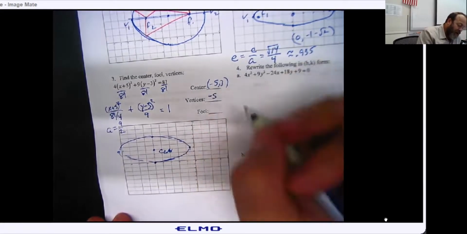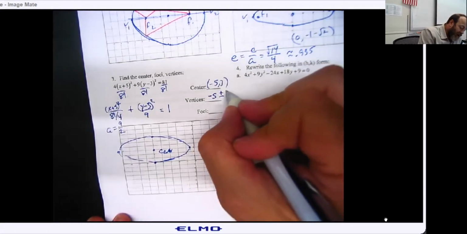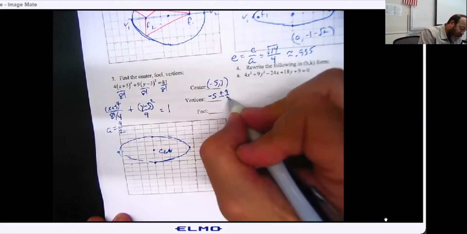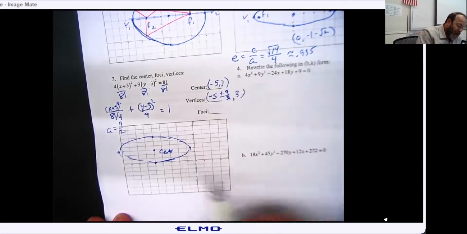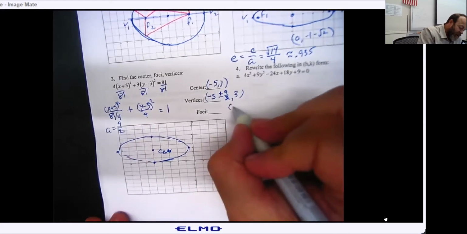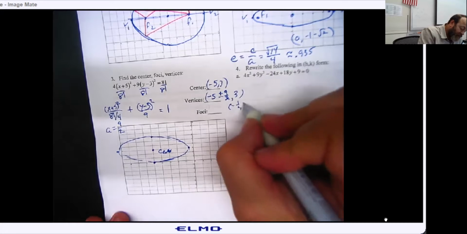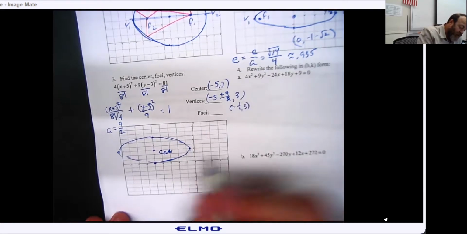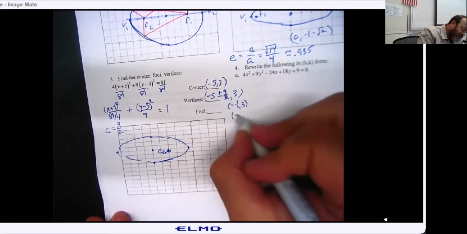So if we're over here at negative 5, and we move over and back 9 halves, excuse me, 3. So a better way to say that would just be called that maybe negative 5 plus 4 halves is negative 1/2 comma 3, which we can see right here, or negative 10 halves minus 9 halves is negative 19 halves comma 3.